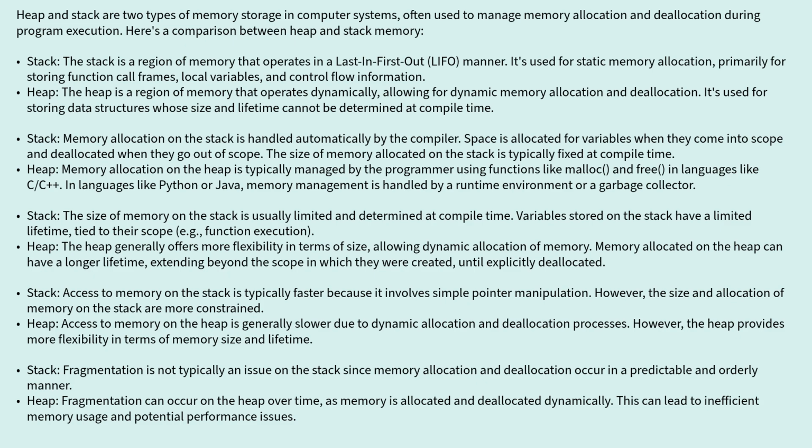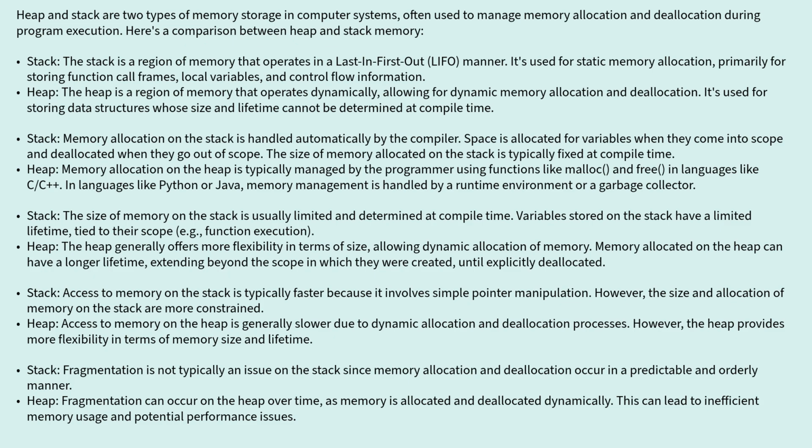Let's say we are running a program that calls a particular function, and that in turn calls another function. When that inner function is called, the parameters passed to it, the return address, and the local variables in that function will all be stored onto a stack frame.